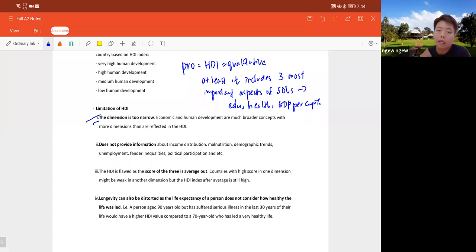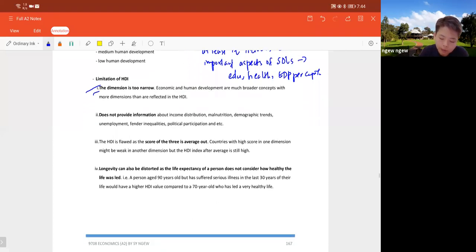So therefore, it is still considered not the best. Actually, we don't have something called the best indicator. So in order to give a better picture of standard of living, we need to take into account different indicators. We need to look into qualitative and also quantitative. We cannot look into only one. We need to look into a few in order to judge or conclude, okay?